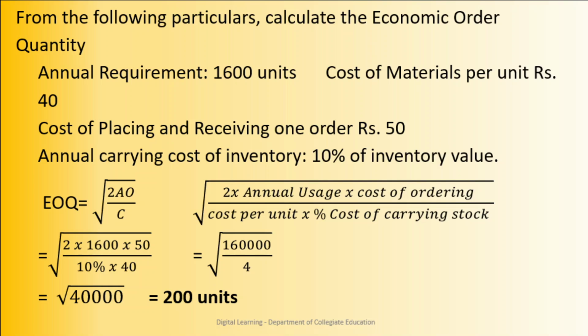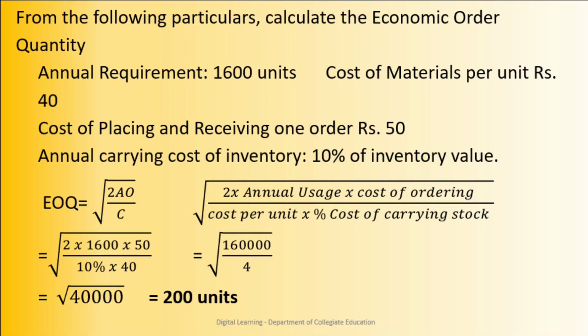EOQ is equal to square root of 2 into A, which is 1600 units, into O, which is rupees 50, divided by 10% of rupees 40. You get root of 1,60,000 divided by 4.